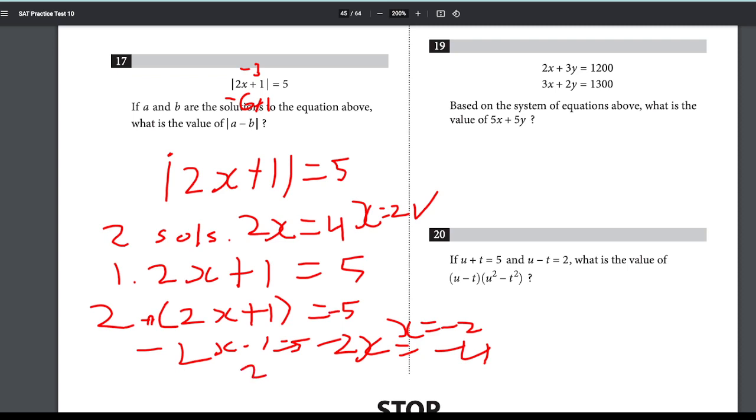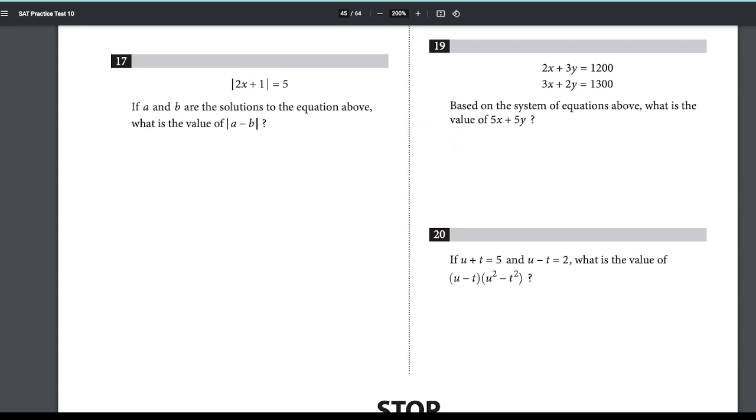Sorry, you put the negative here. So then you get 2x equals negative 6. Yeah, it's negative 3. So it's 2 and negative 3. So it's the absolute value of... we don't know what the order is. If we do negative 3 minus 2, then it's negative 5. So then we get 5. Yeah, it'll be 5 either way. So yeah, 17 is 5.